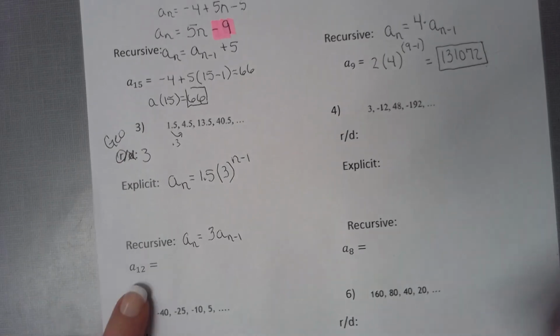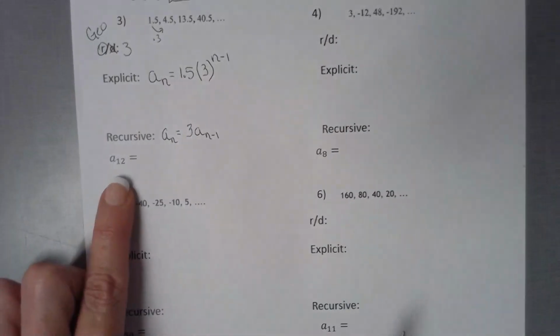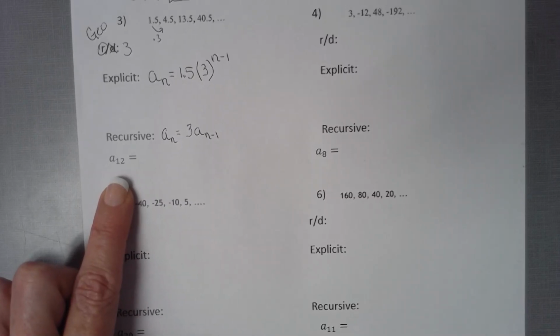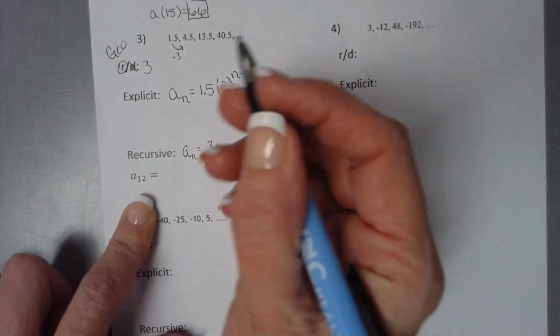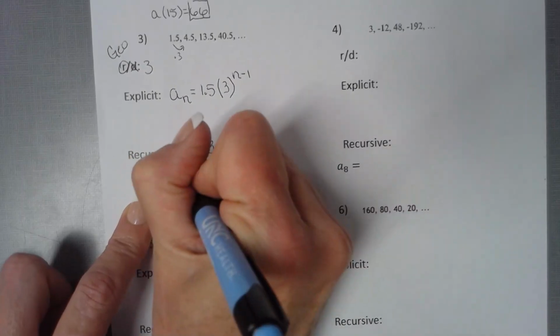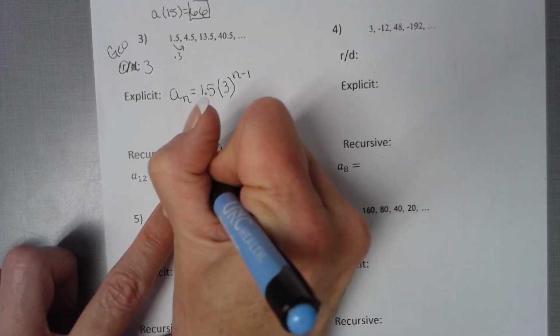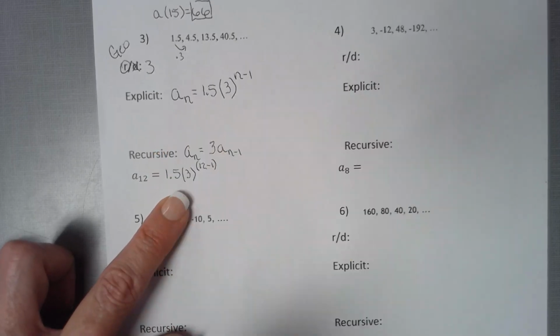Okay, now, what is this asking me to find? I need the value of the 12th term. I'm just going to go right there and plug a 12 in. So here we go. 1.5 parentheses 3 raised to the 12 minus 1.